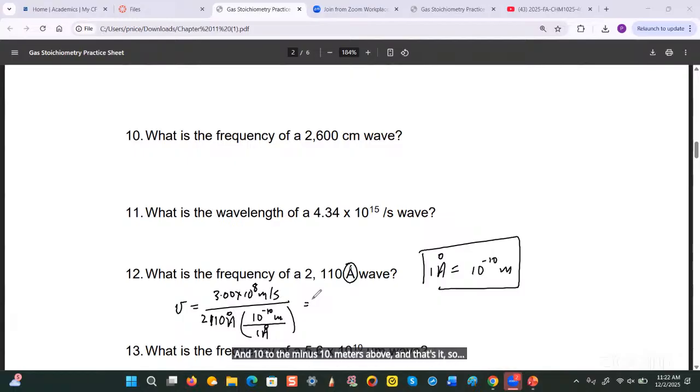So 3 times 10 to the 8 divided by 2110 times 10 to the minus 10.